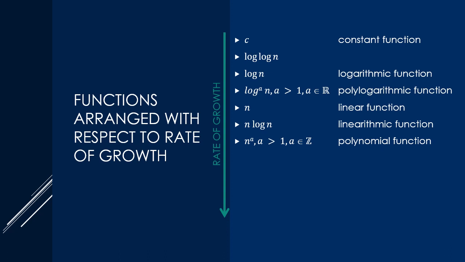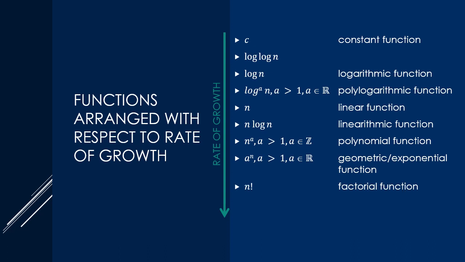This is n raised to a, where a is an integer and greater than 1. Faster than the polynomial function is the geometric or exponential function a raised to n. Then we have the factorial function. And even faster than the factorial function is n raised to the power n.